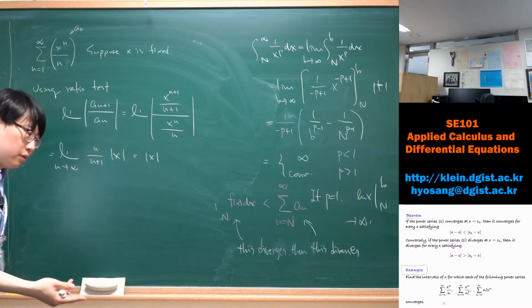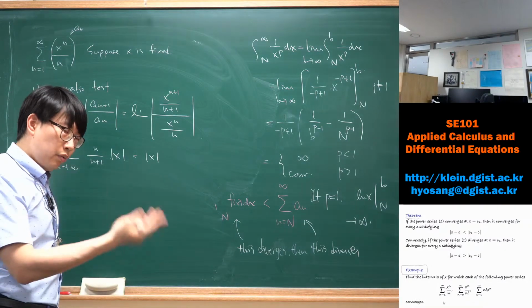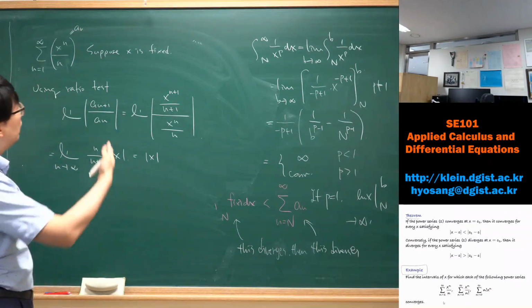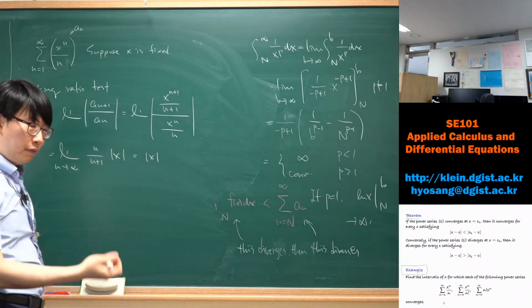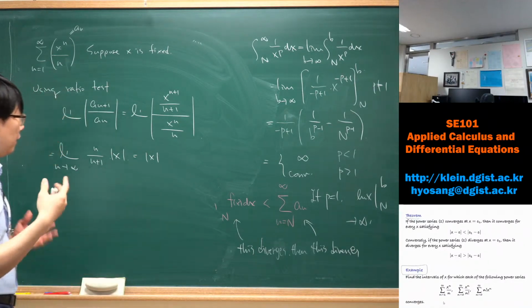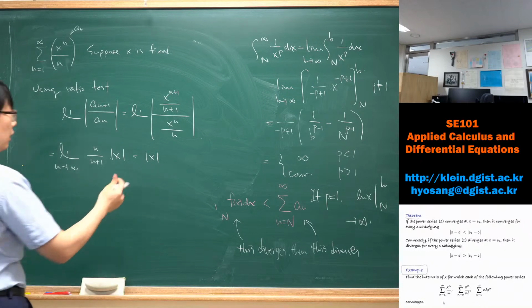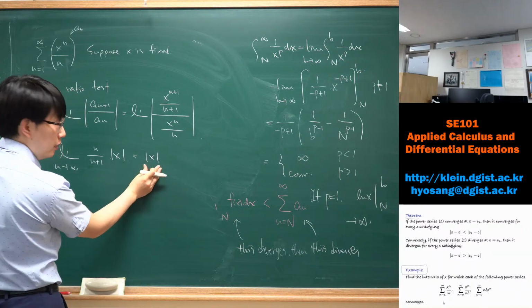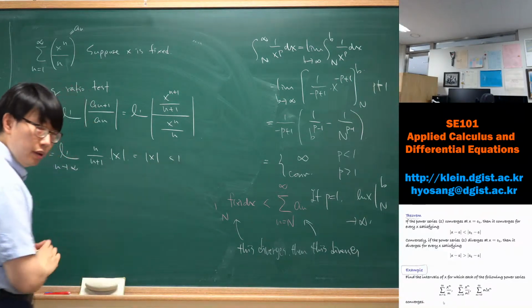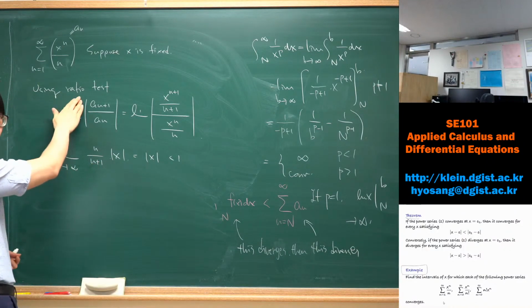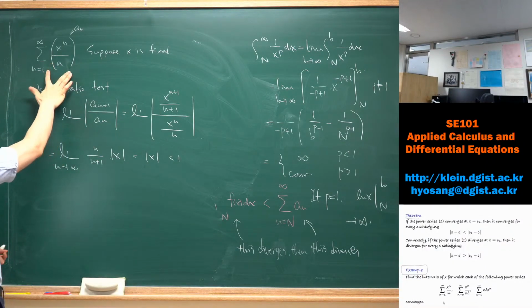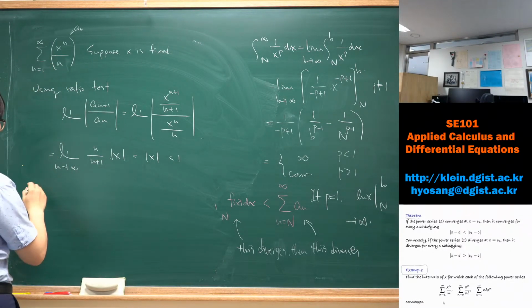So now let's think in the reverse way. Although we assume that x is a fixed constant, if x were a value whose absolute value is less than 1, then by the ratio test, this series converges.